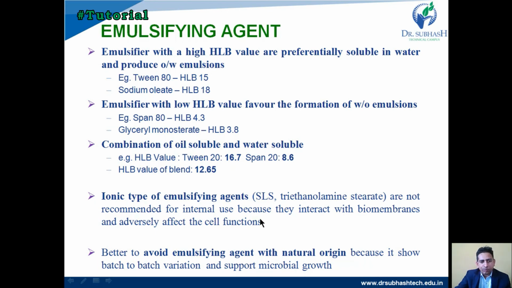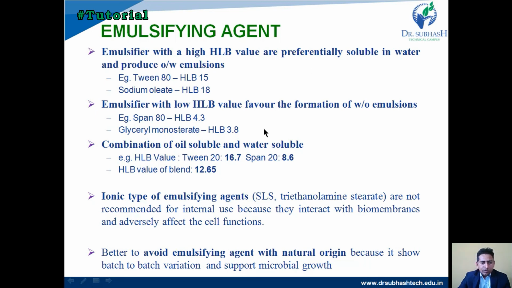Then ionic types of emulsifying agent, SLS and triethanolamine stearate, are not recommended for internal use because they can interact with biomembranes and adversely affect cell function. So we should restrict ionic emulsifying agents if we are preparing an emulsion for internal use.